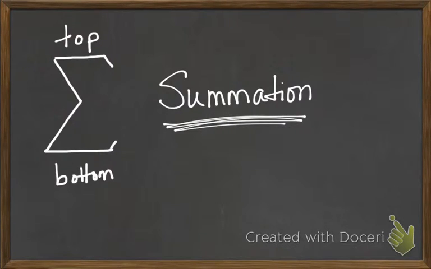The bottom number or the bottom limit is going to tell you what you're going to start with, and then the top one is going to tell you what you're going to end with. And then that symbol always means to add up the numbers in the sequence. They're not going to tell you always to add, but when you see that symbol, that's what it's going to mean as far as sum. So let's look at number 30.